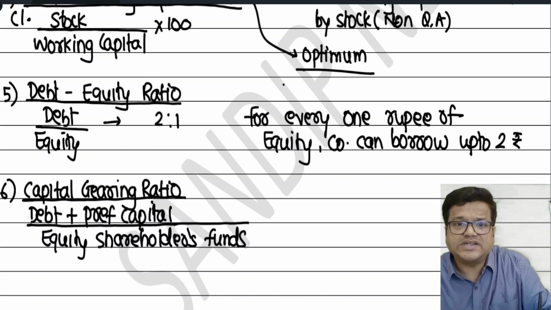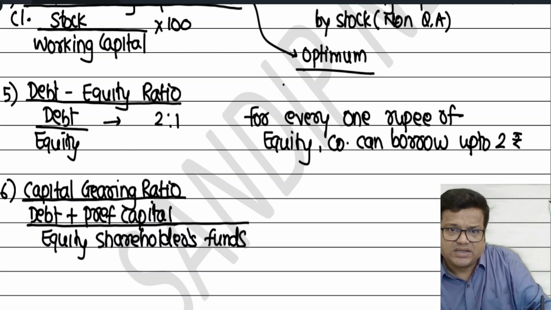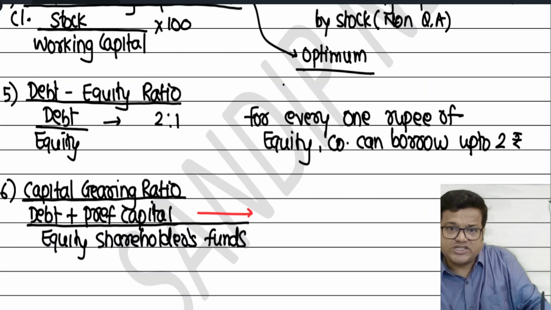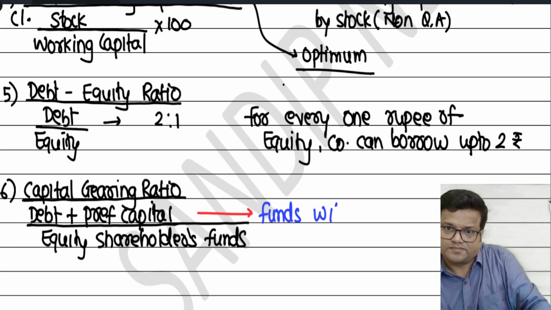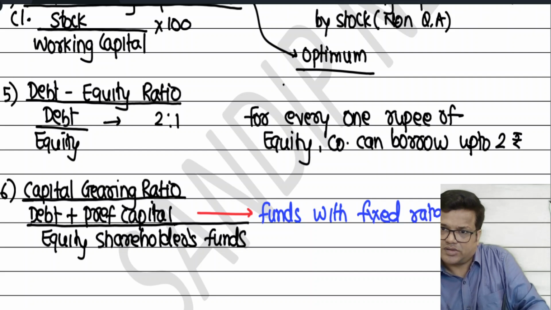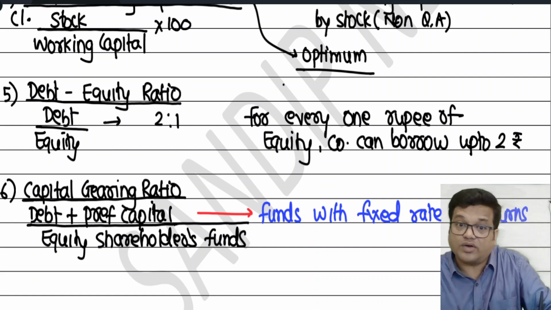If we try to justify, guys, what is this? These are all items are funds with what? Fixed rate of returns. Yes, these are all funds with fixed rate of returns.